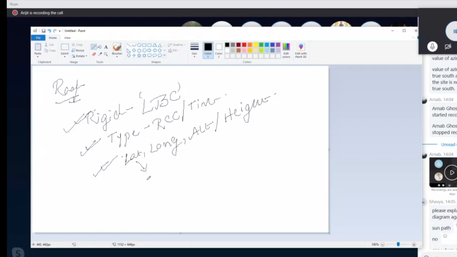Latitude will basically help us in giving the tilt angle, and height will help us in giving the altitude. Lastly, we need to do the analysis ourselves for the azimuth angle.